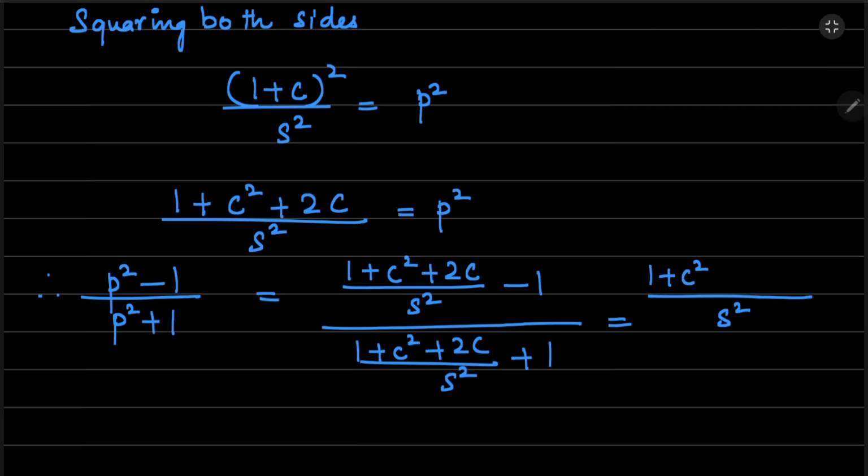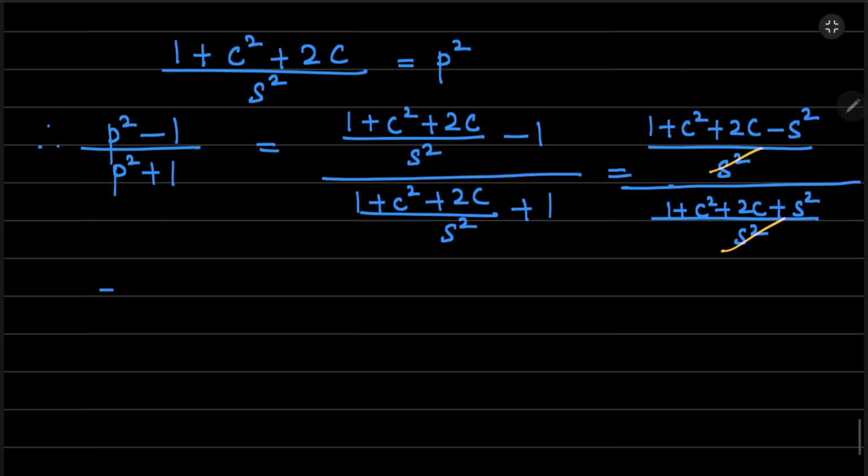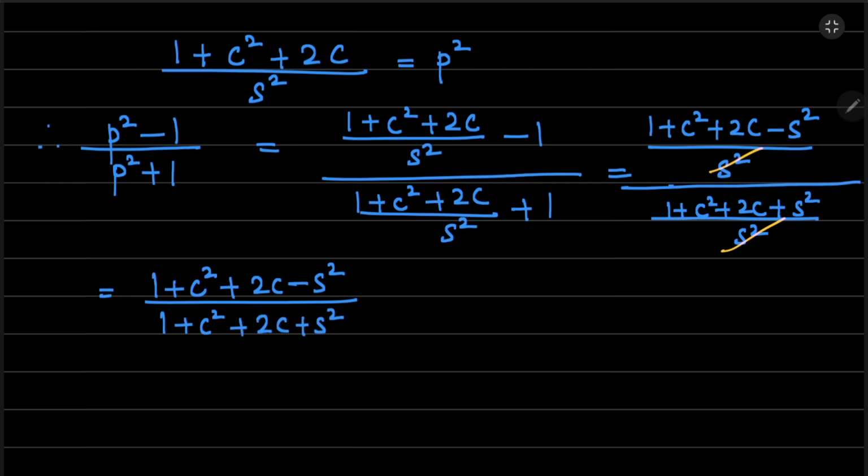So 1 plus cos square plus 2 cos minus sine square, whole divided by 1 plus cos square plus 2 cos plus sine square, divided by sine square. So this denominator sine square will get cancelled. And what remains here is 1 plus cos square plus 2 cos minus sine square, whole divided by 1 plus cos square plus 2 cos plus sine square.